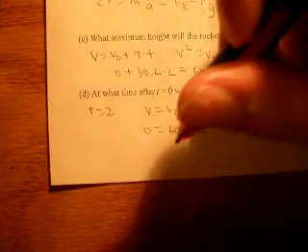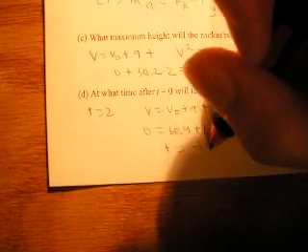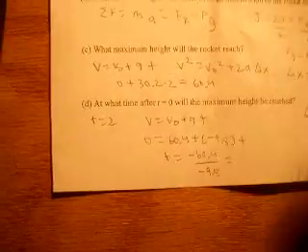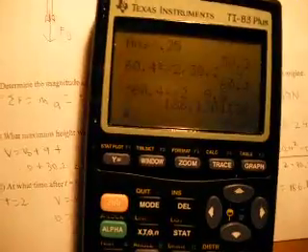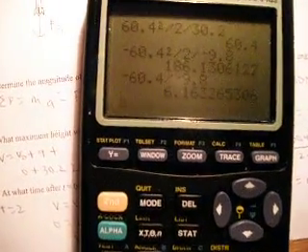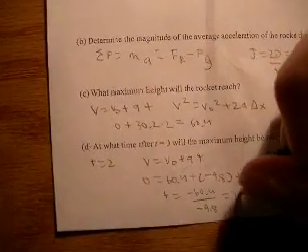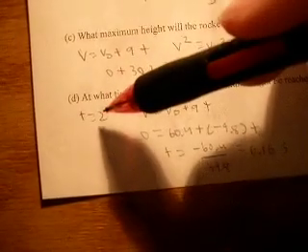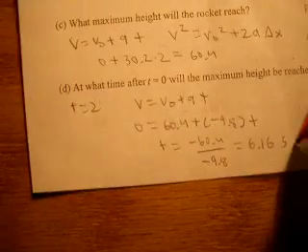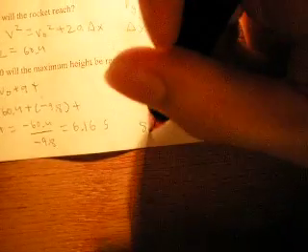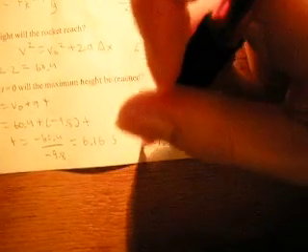So t equals negative 60.4 over negative 9.8, which equals approximately 6.16. But again, there's the time for the first section, then the time for the second section. Add those together, you get 8.16 seconds as the total time.